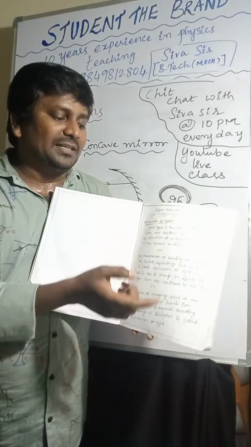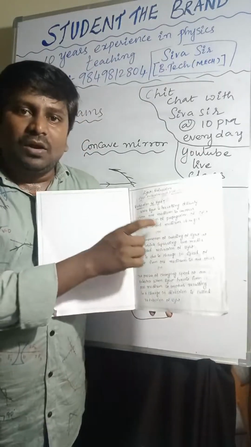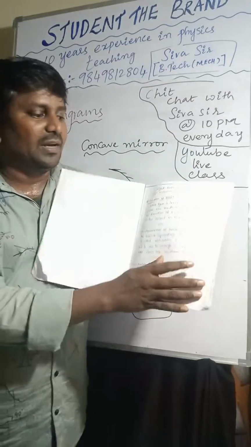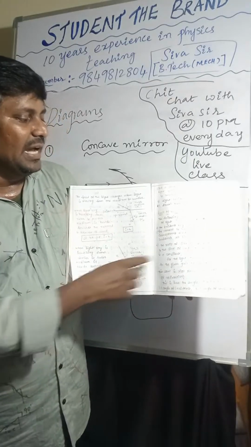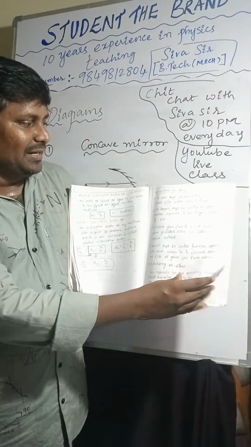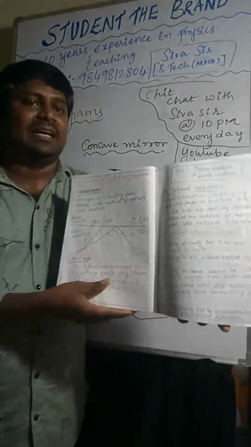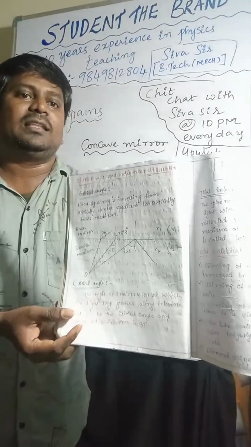First one, what is the definition? Second one, see, only for refraction I gave 3 definitions. Next, each and every diagram, every point, I maintain with different colors. Whenever I open, I can recall these points immediately.